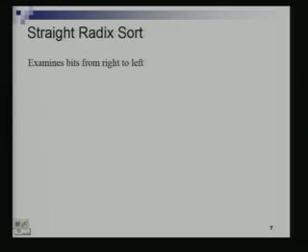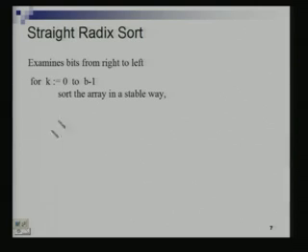Great. So, we will continue. This is another version, as I said, of radix sort, straight radix sort. So, we are going to examine once again the bits, but now from right to left, not from left to right. k equals 0 corresponds to the rightmost bit, the least significant bit.